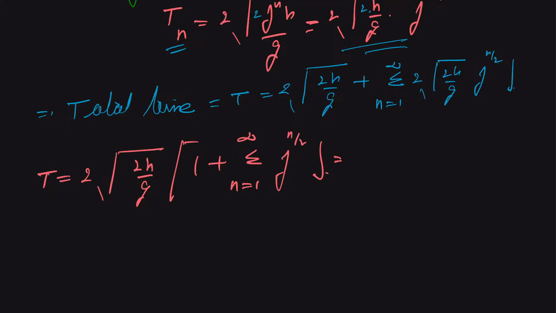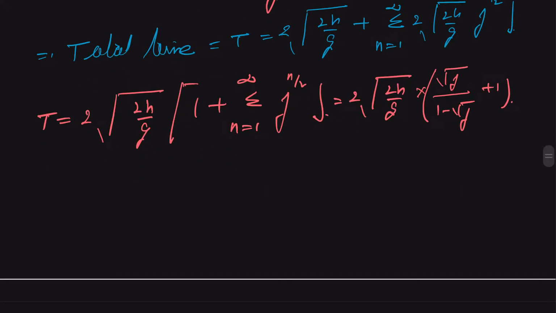So therefore we can write this will equal to 2 square root of 2h upon g times 1 upon (1 minus square root of f), okay, I'll write it the opposite way, (1 minus square root of f plus square root of f).